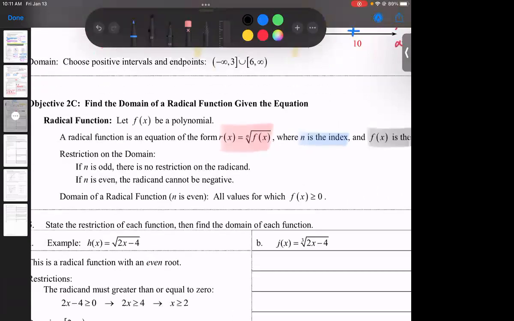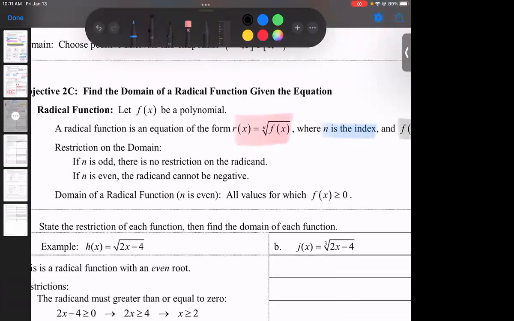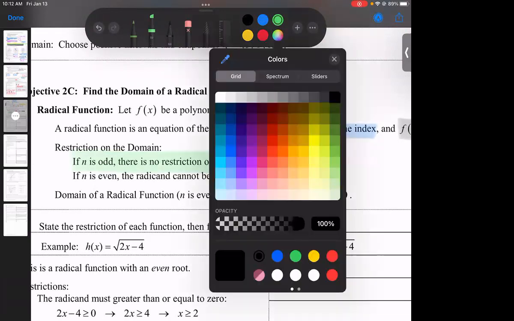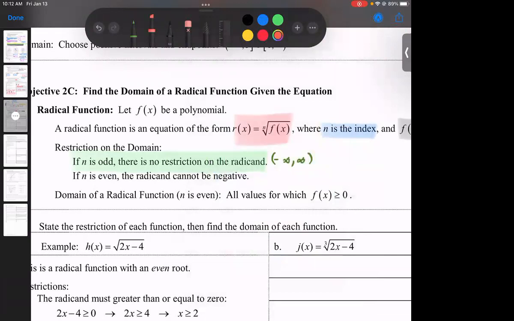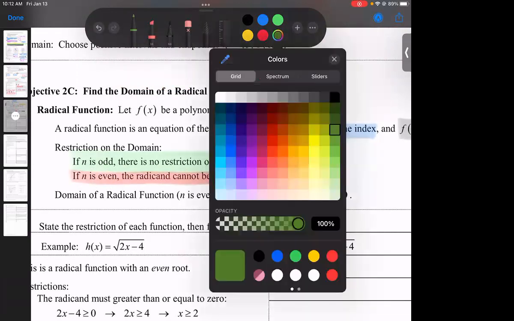Here's the domain for the radical function. If n is odd, odd index is easy going. The domain will be all real numbers. If n is even, then it's a bit trickier.